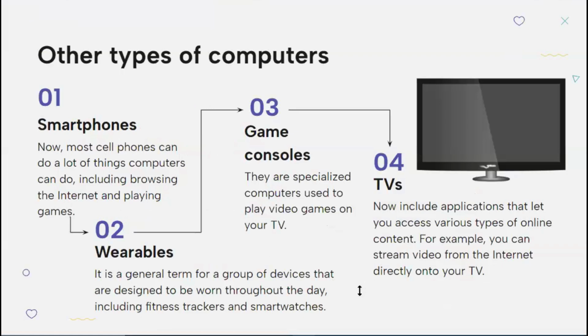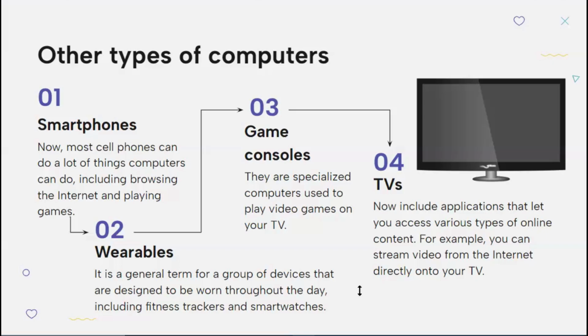Other types of computers include smartphones. Most cell phones can do a lot of things computers can do, including browsing the internet and playing games. That is why we call them smartphones. Wearables. It is a general term for a group of devices that are designed to be worn throughout the day, including fitness trackers and smartwatches.